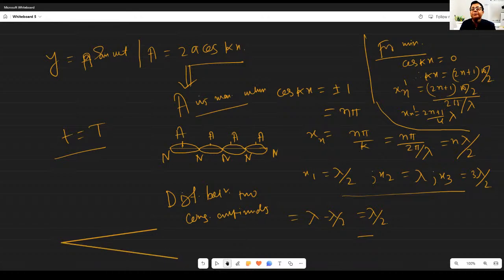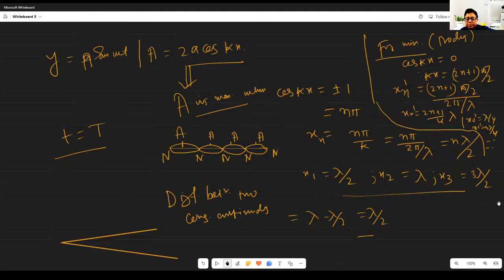So these are the points for what? For minima, nodes will be formed. So write the distances now. x0 dashed is what? Lambda by 4. x1 dashed, 3 lambda by 4, like this.